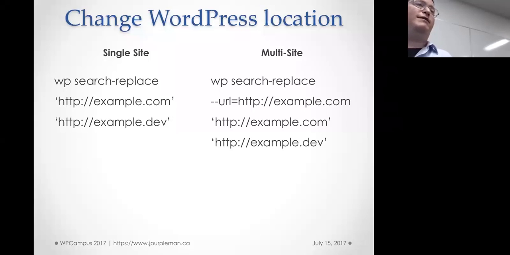And then your blog tables, wp_blogs, wp_sites, it's going to have a problem, and it's not going to work. It's going to redirect, or a database connection error is going to come up and give you a problem. So if you're using multisite, you have to use this variation when using WP search-replace.